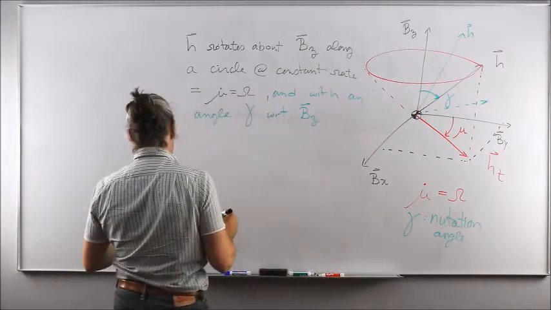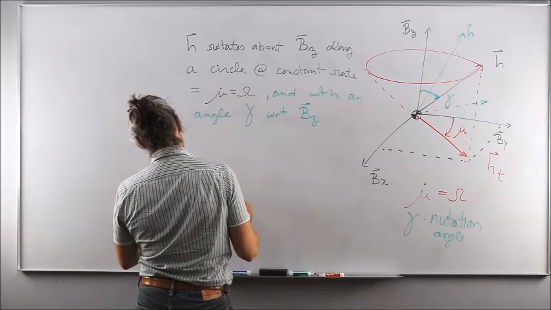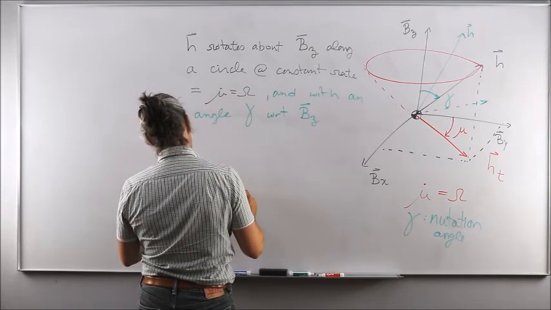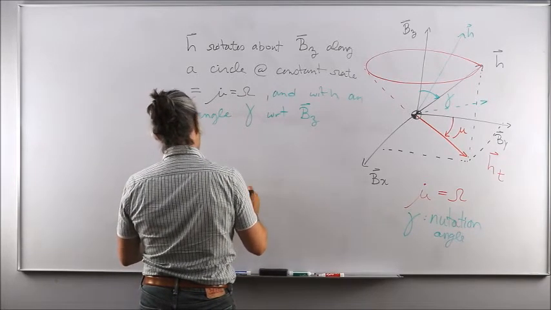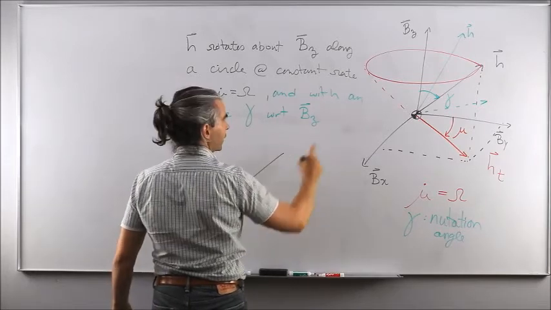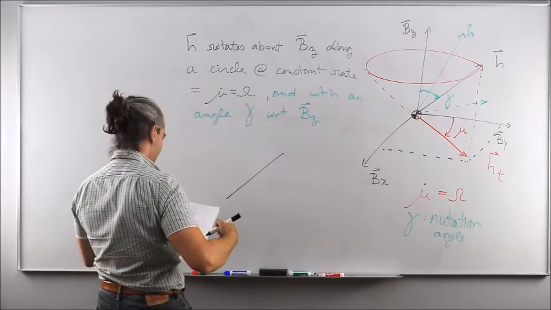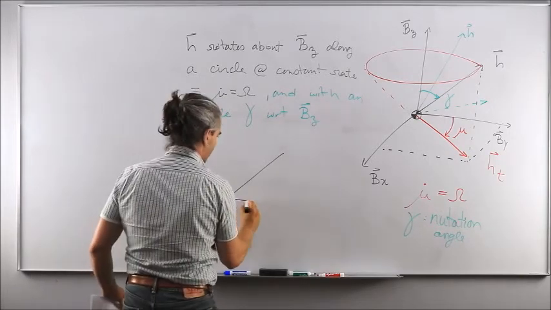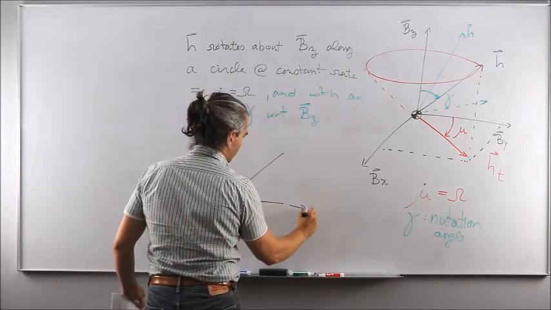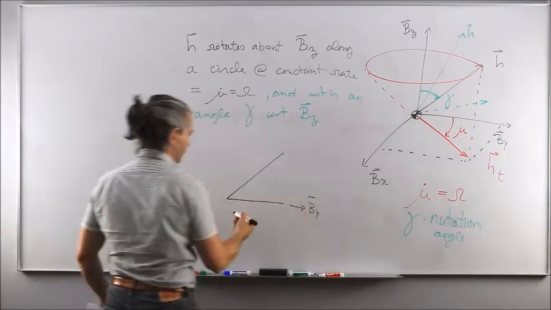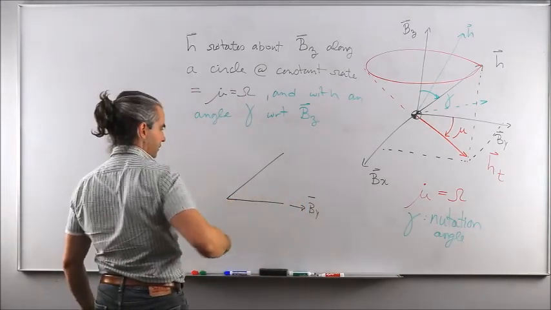And if you were to look at the h vector, like that, inclined with respect to by and bx, and if you take its projection along the by and bx plane, okay?